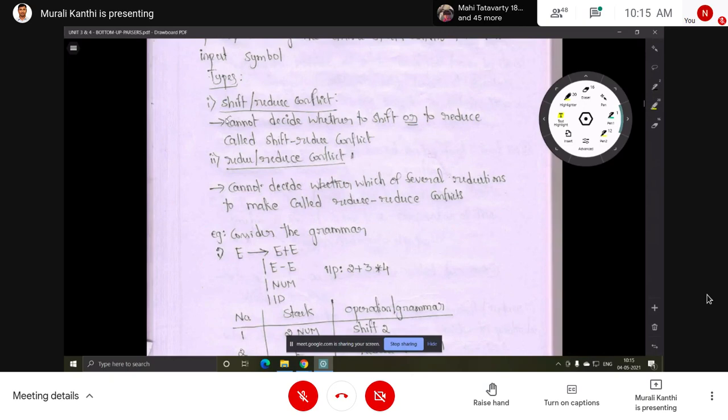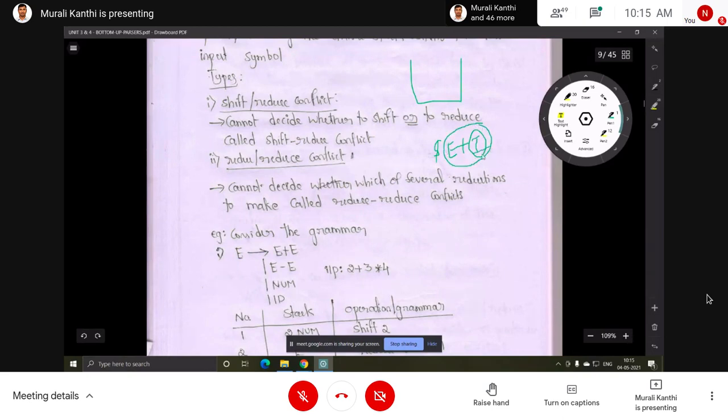Next, reduce reduce conflict. In this case, on the stack, one symbol can be reduced.